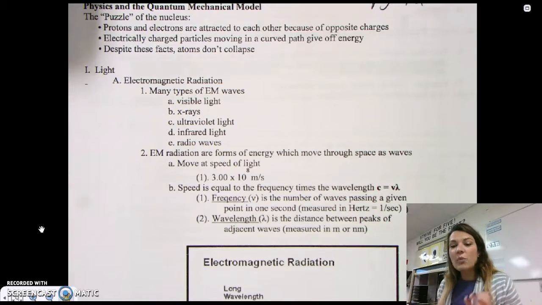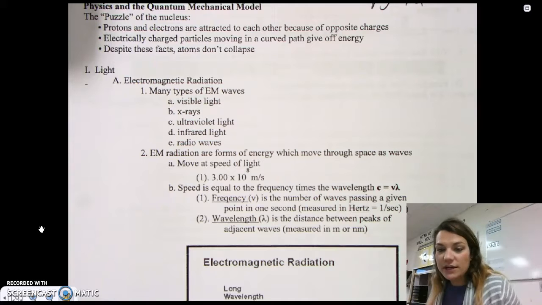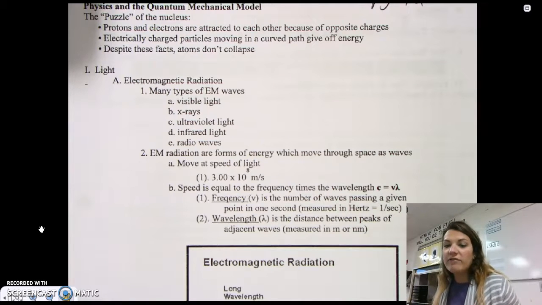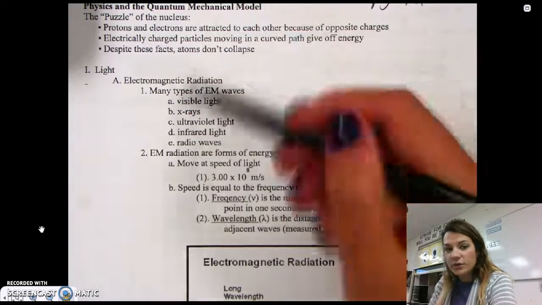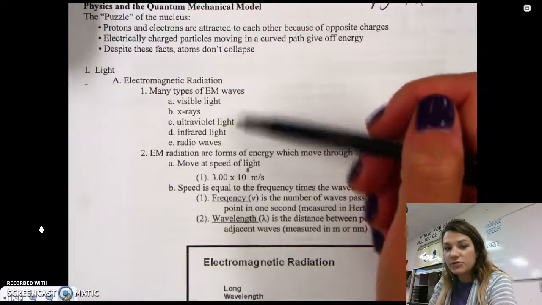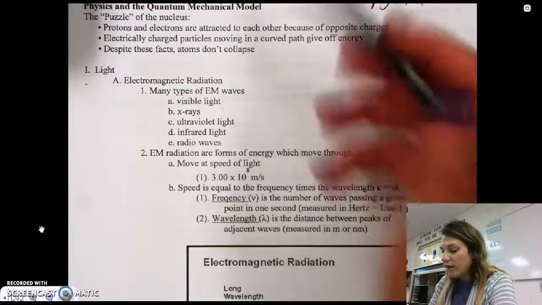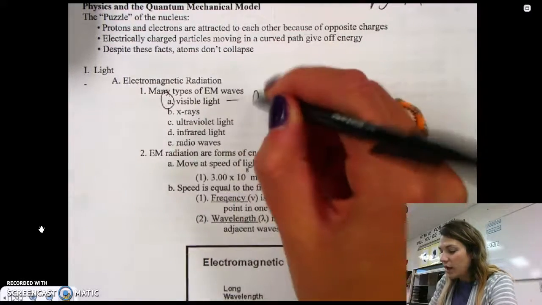And the reason why we can see each color is because of the wavelength that is present for that specific color. So I've just written here some wavelengths that you've seen on that scale before. Visible being the one where you see color.